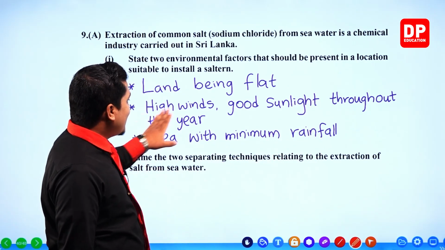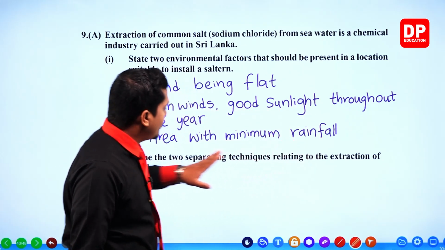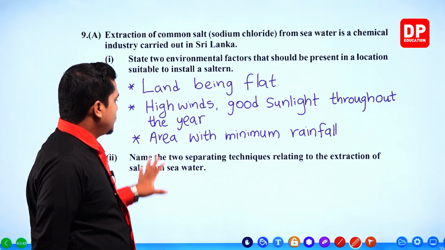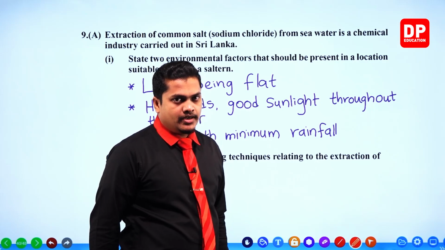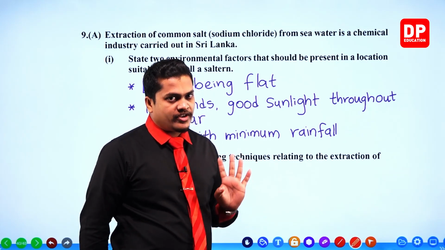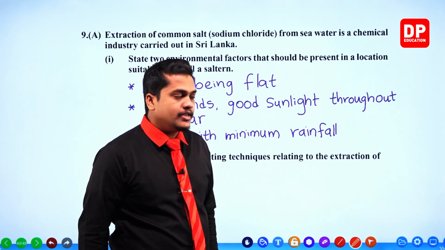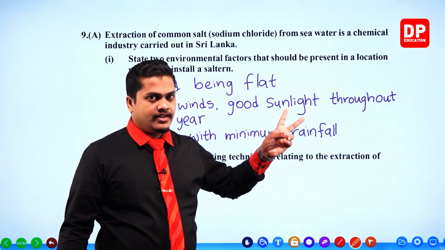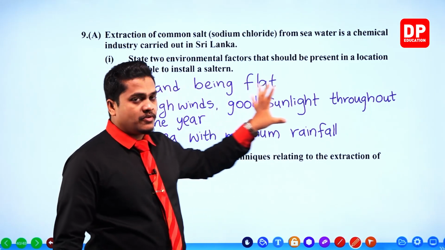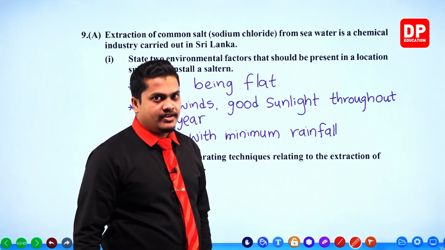Next, high winds and good sunlight throughout the year. Then area with minimum rainfall. You only need to write down 2 correct responses out of these 3. If you want, you can break this into 2 parts and write 2 different things, such as having high winds, and having good sunlight throughout the year.